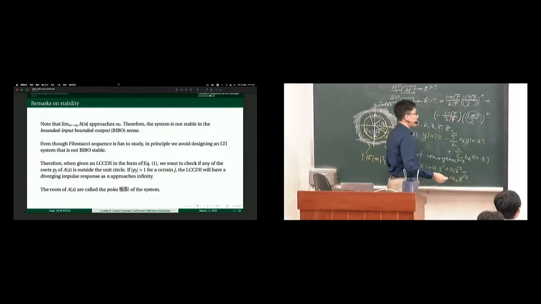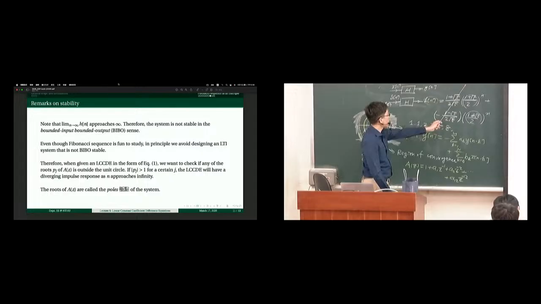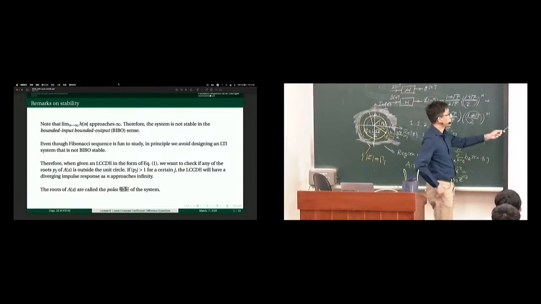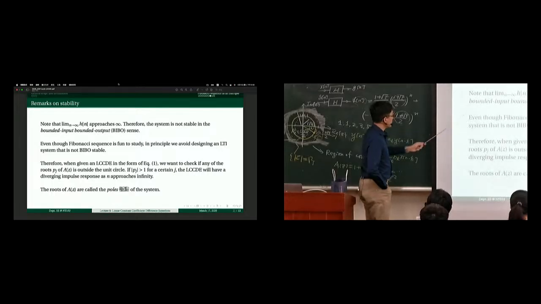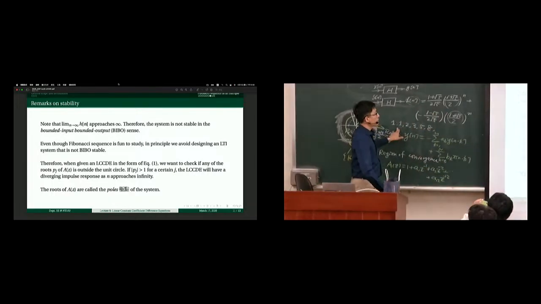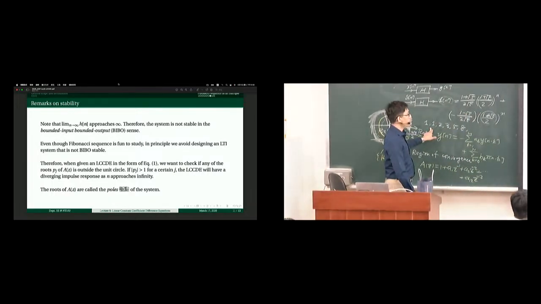Note that the Fibonacci series, this system right here, is unstable in the bounded input, bounded output sense, in that the impulse response h[n] approaches infinity when n approaches infinity, right? It just keeps growing.